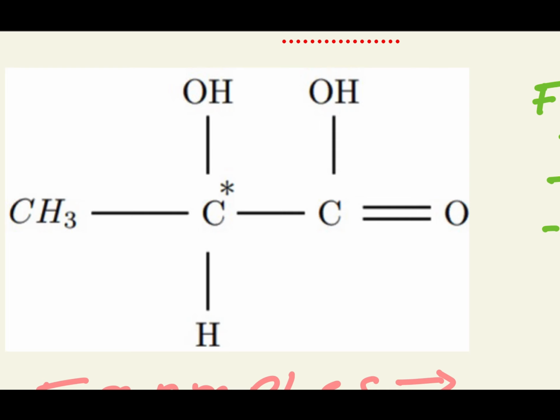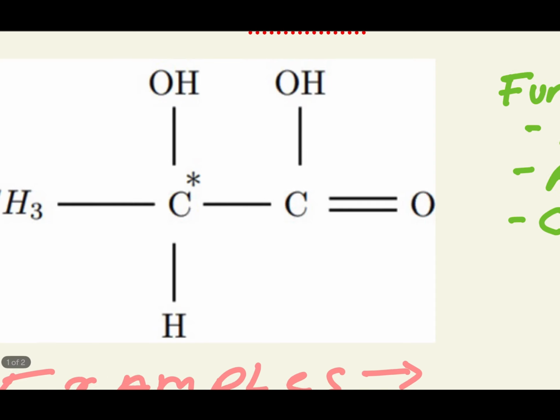If any two bonds of the carbon through which it is connected are the same, then it is not considered to be a chiral atom. And here it has a double bond with a single atom of hydrogen, and a double bond is also not considered to be a chiral atom. These are the basic rules of identifying a chiral atom.